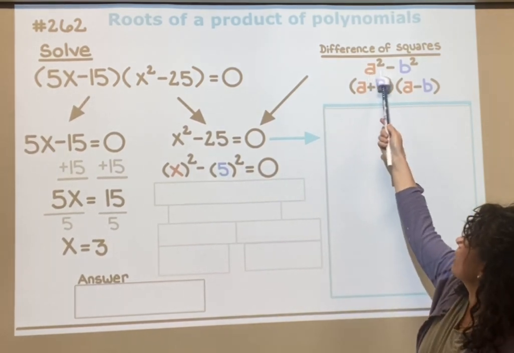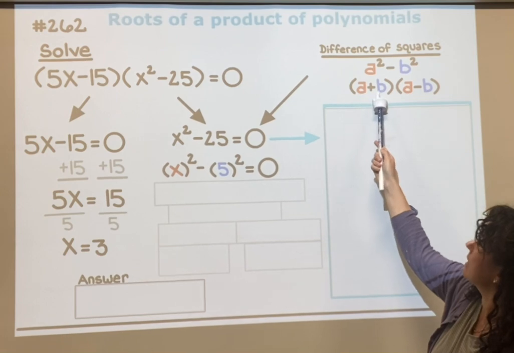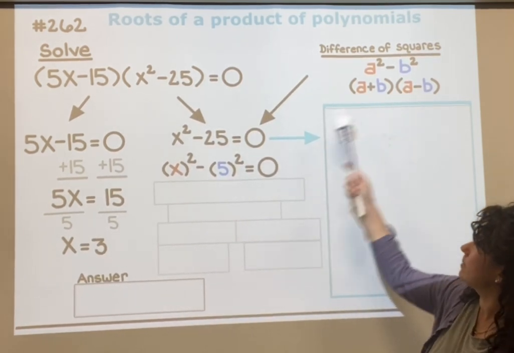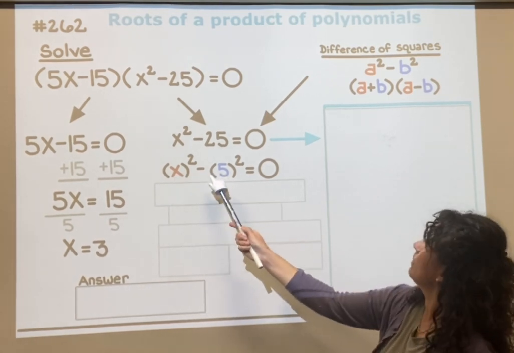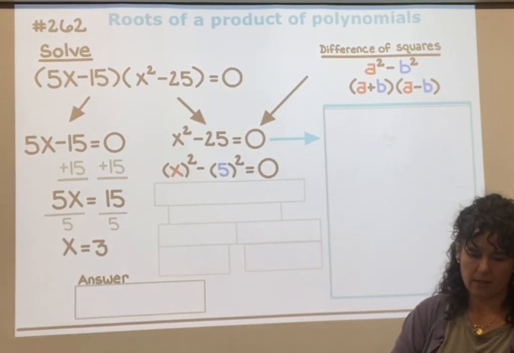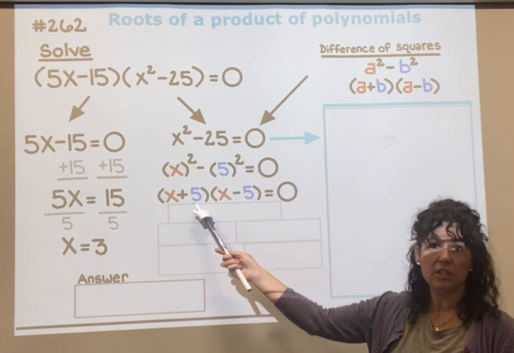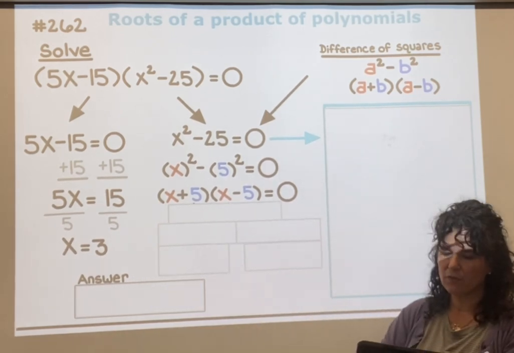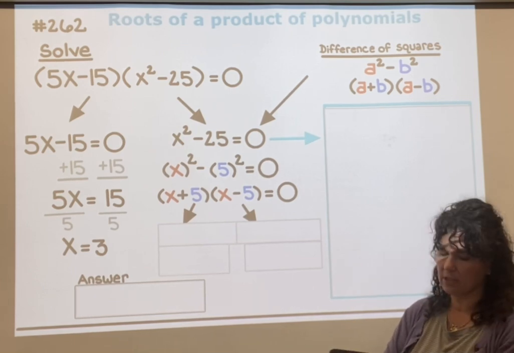So if a squared minus b squared, a plus b will be x plus 5, and a minus b will be x minus 5. Now that it's factored, these two multiply together to get 0. So I'm going to set each of those factors equal to 0.